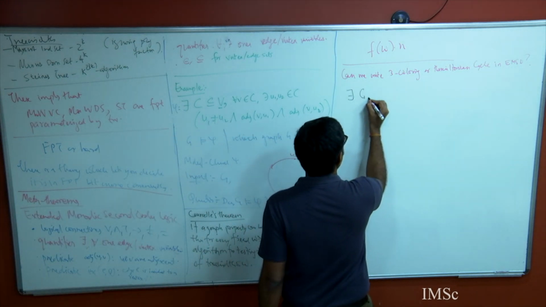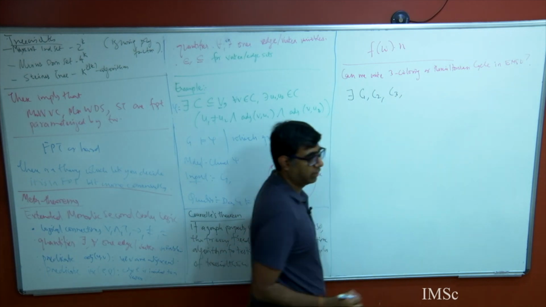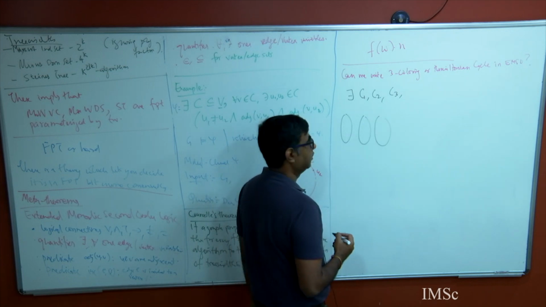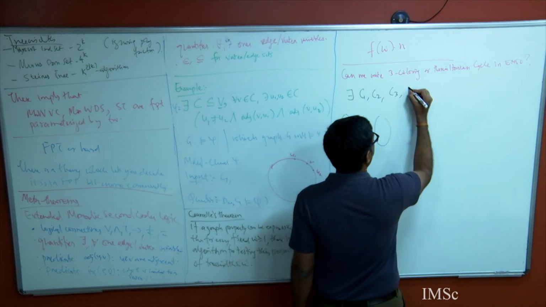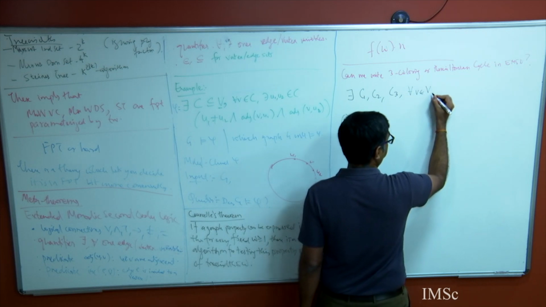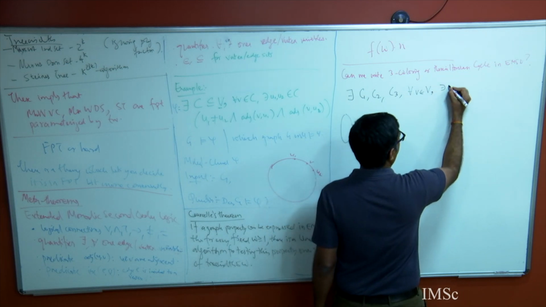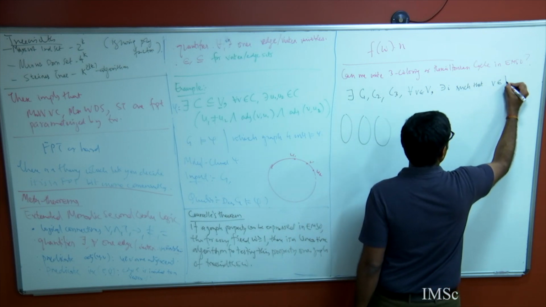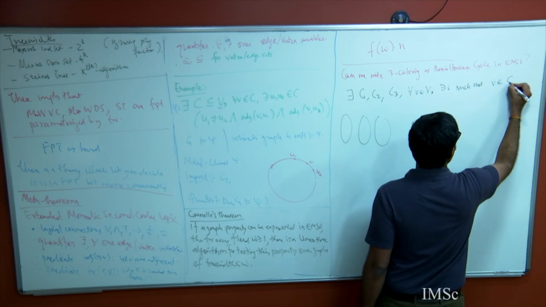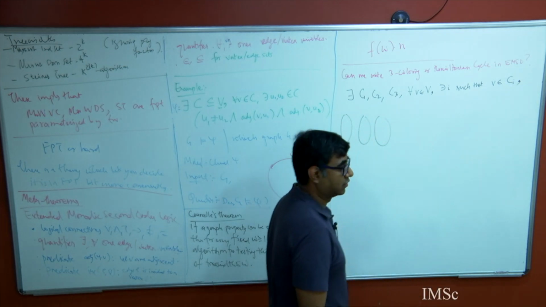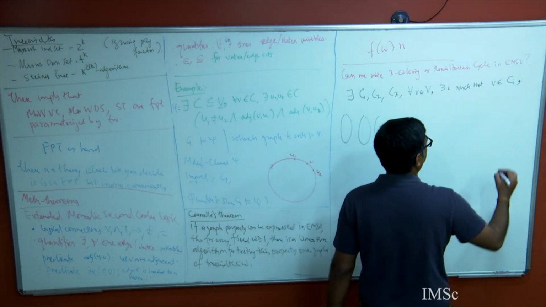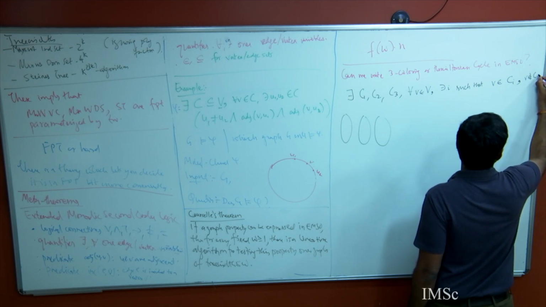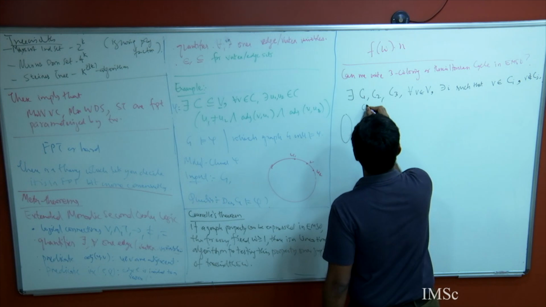I'll say there exist C1, C2, C3, since I can think of 3-coloring as a partition of my vertex set, such that for all v in V, there exists i such that v is in Ci, and v is not in Cj for j not equal to i.